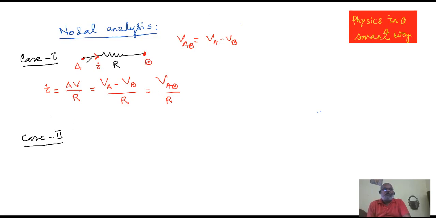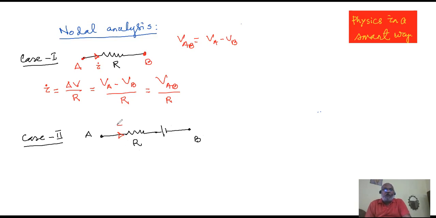Just like the last case, we have a similar portion of a network: A, then a resistor, then a cell or a battery, then B. The current is given, or maybe assumed, it doesn't matter.